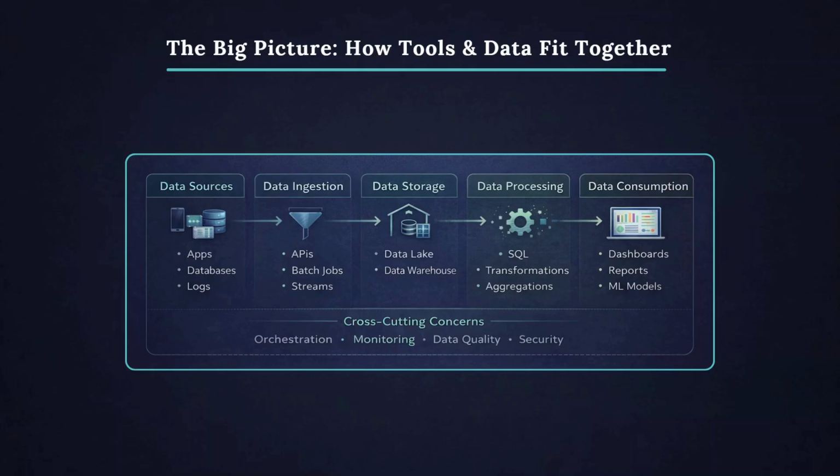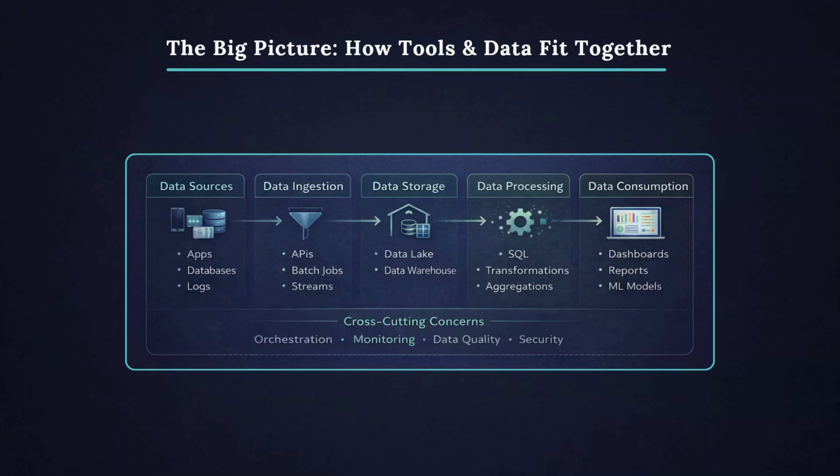You will notice that different tools appear at different stages, but the stages themselves stay the same. Every organization follows the same flow. The only difference is which tools they choose to build their data architecture.